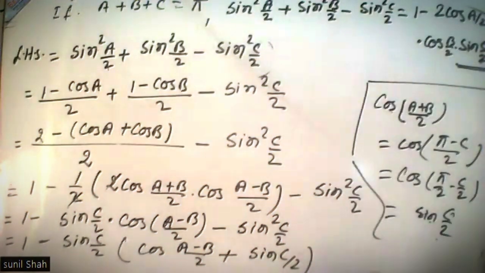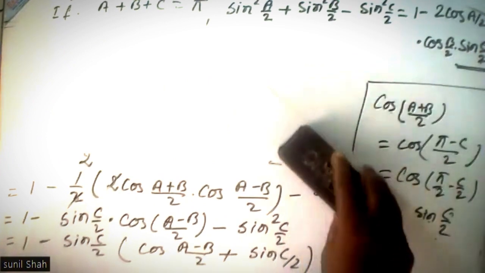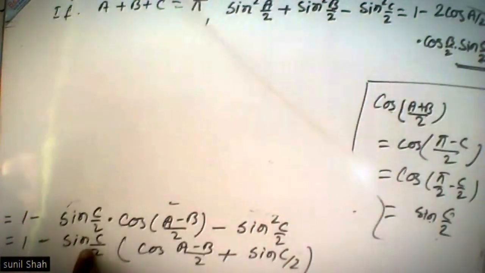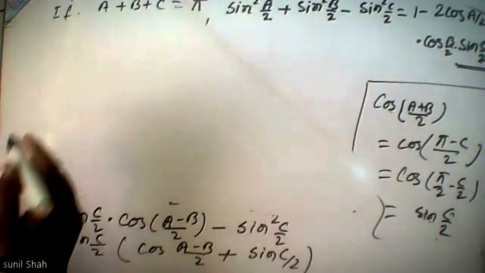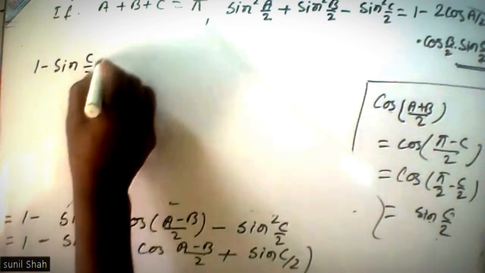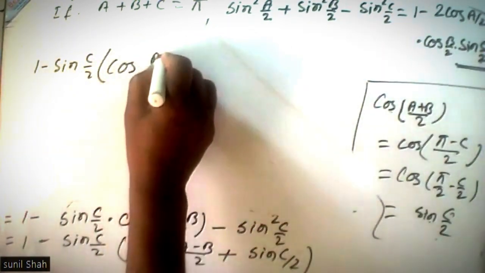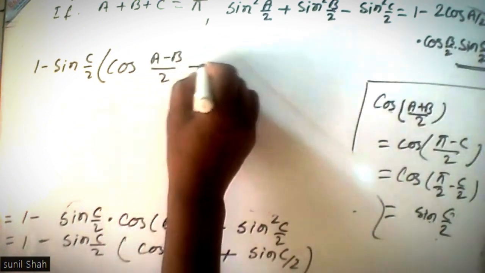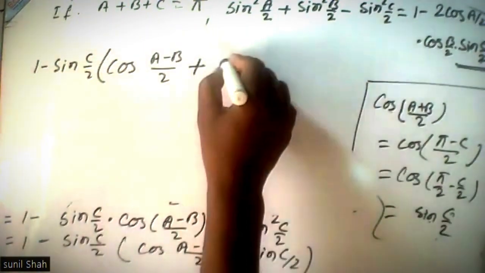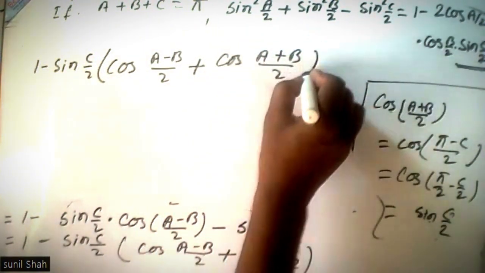From here, 1 minus sine C by 2 into cos A minus B by 2 plus sine C by 2. Sine C by 2 is cos A plus B by 2.